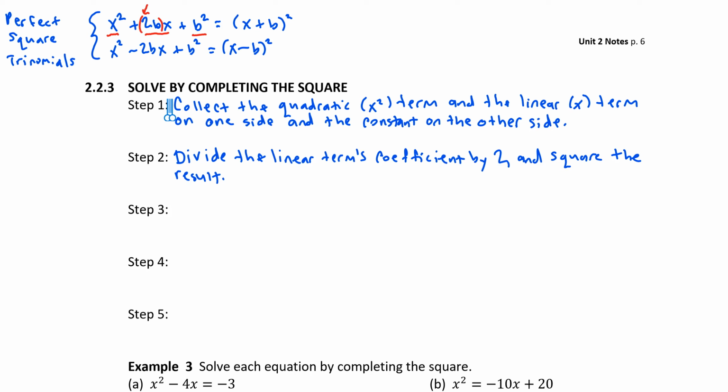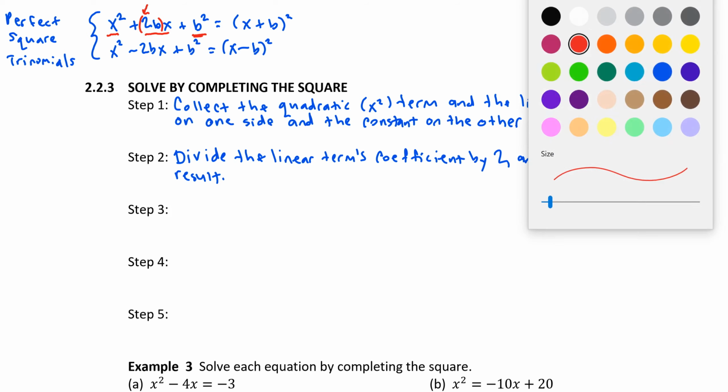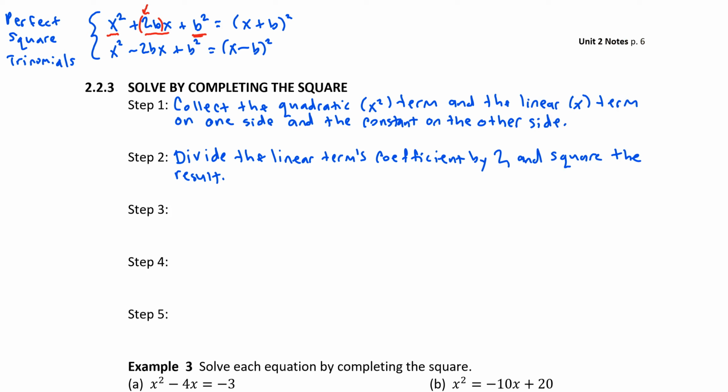Well, notice if I take 2b and divide it by 2, I get b, and when I square b, I get b squared. So what we're actually doing there is determining the constant that makes it a perfect square trinomial, or completes the square. Once I find this magic number, I'm going to add this number to both sides. Okay, and we will have completed the square.